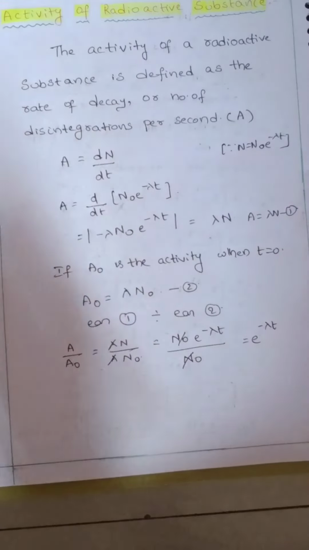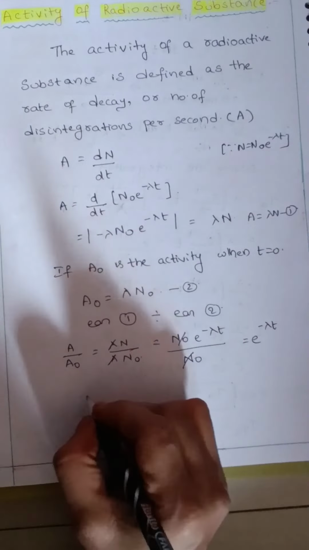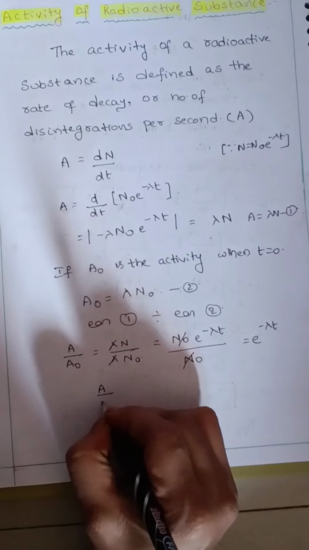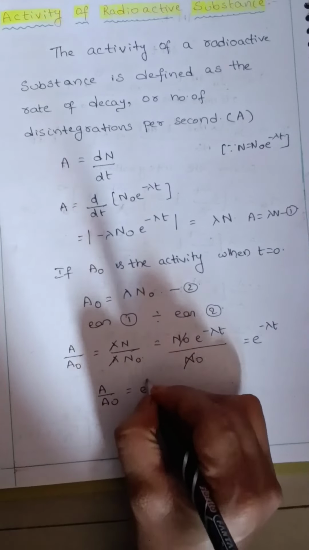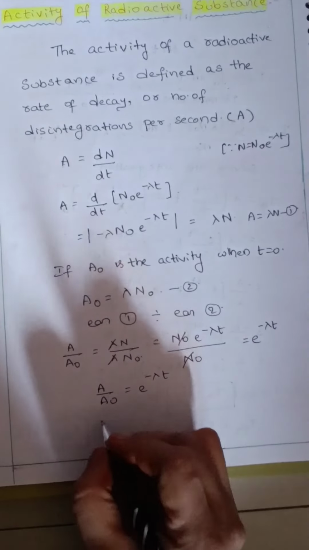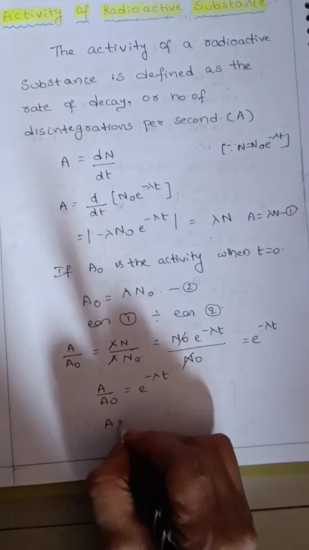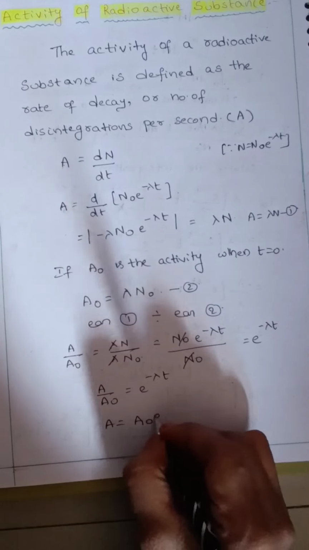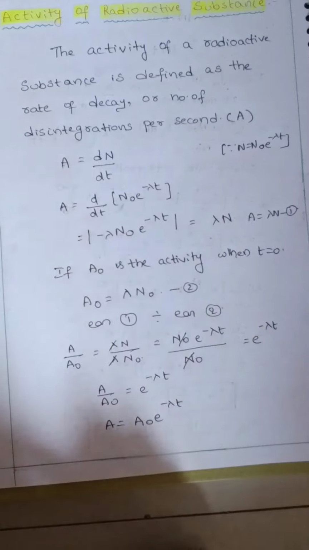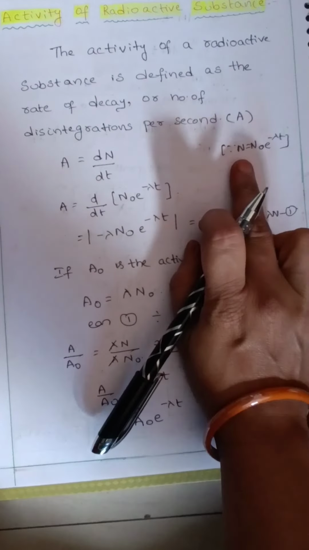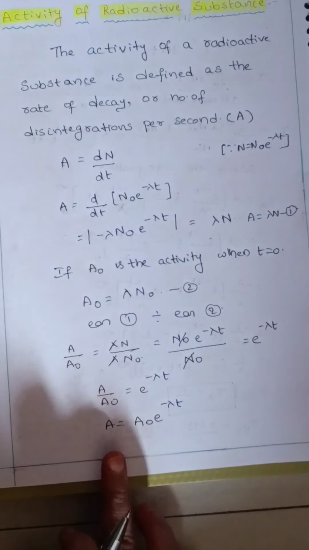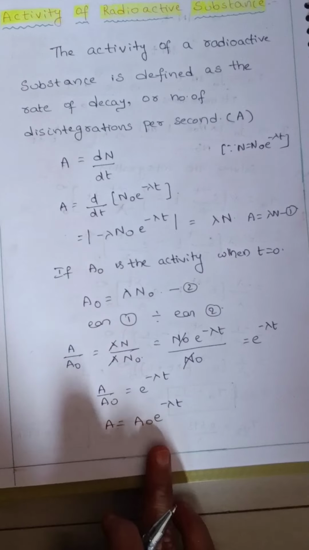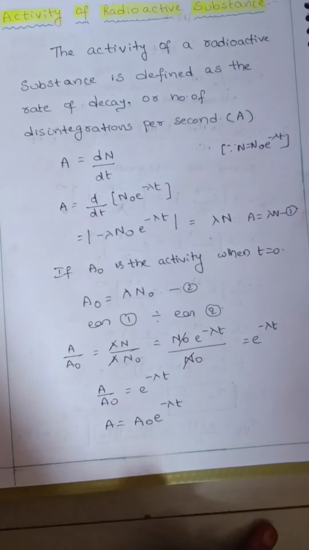We want A, not A by A naught. So A by A naught is equal to e power minus lambda t, and A is equal to A naught e power minus lambda t. So see here, N is equal to N naught e power minus lambda t, and A is equal to A naught e power minus lambda t.